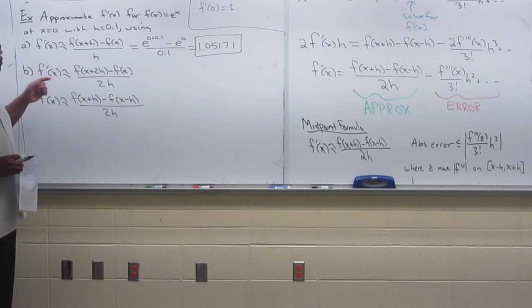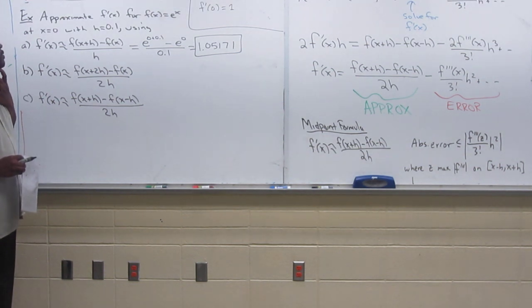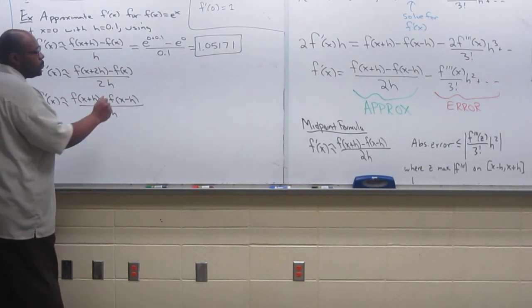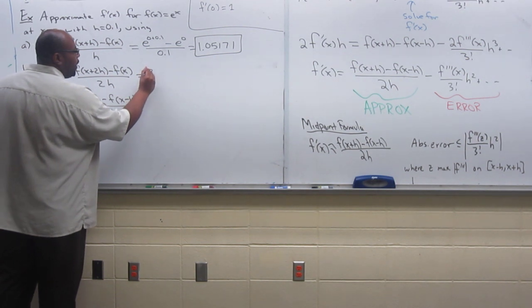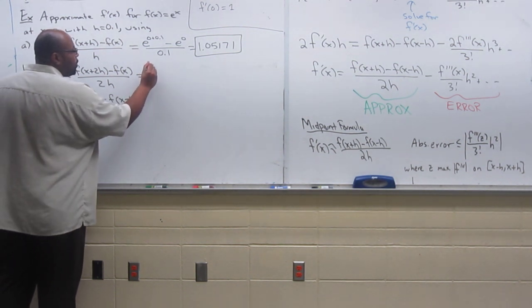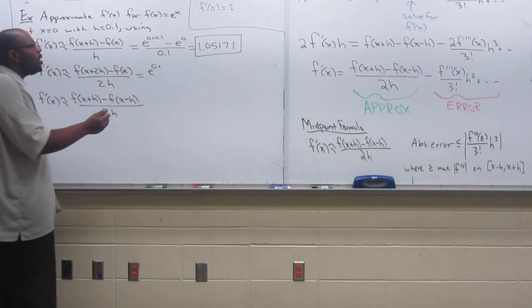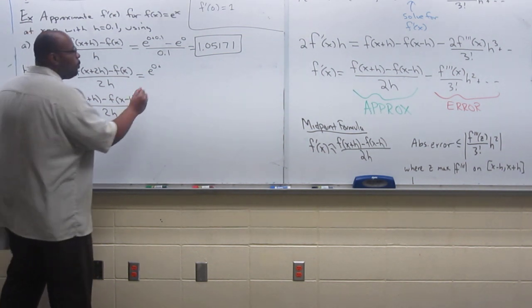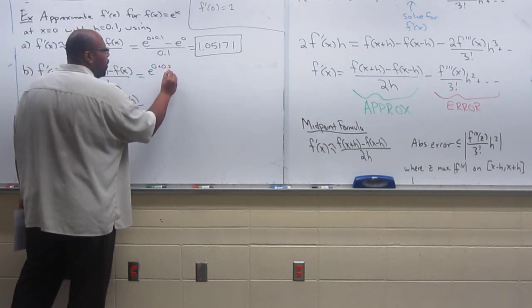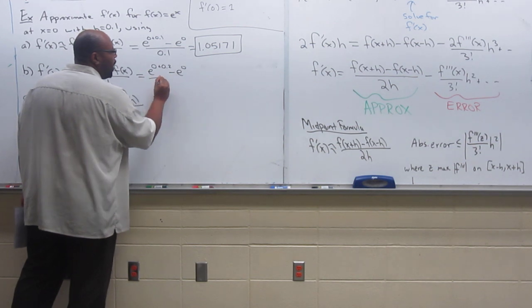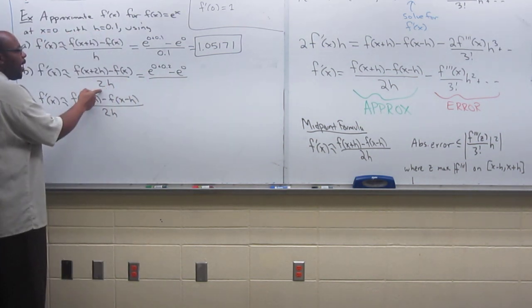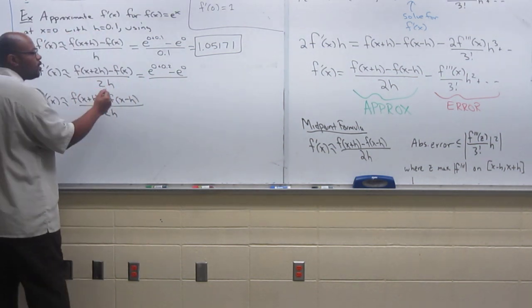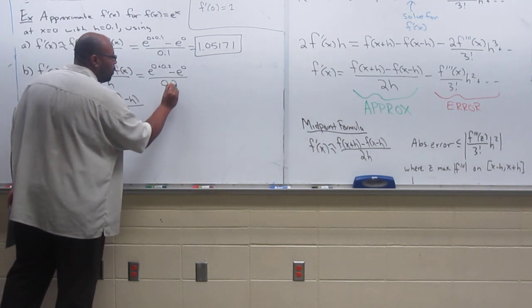If we try the next one, f of x plus 2h, this is going to be e to the 0 plus 2h. 2 times 0.1 is 0.2, minus e to the 0, divided by, in this case, instead of h, we use 2h, which is 0.2.